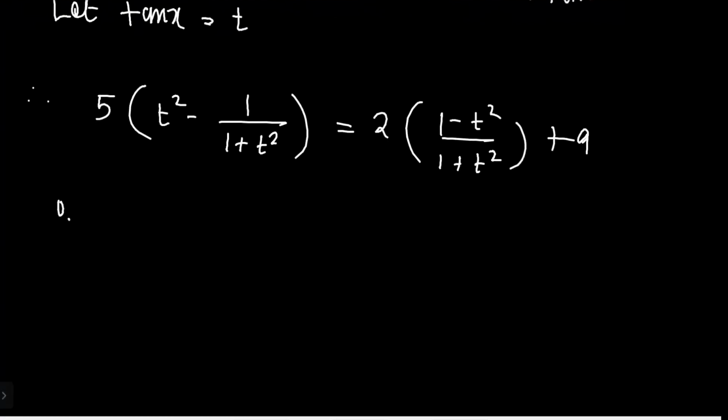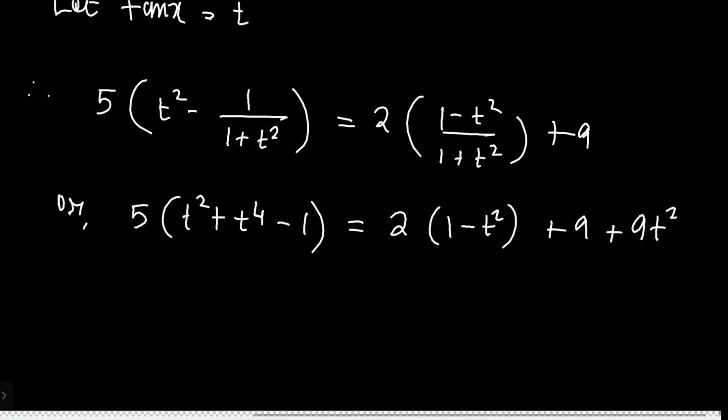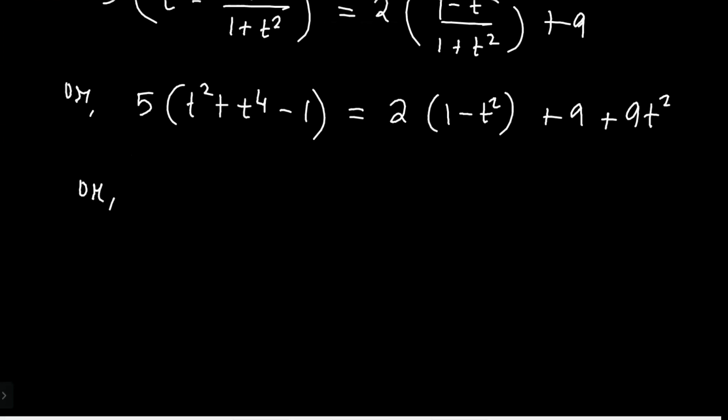Now if you solve this, it will be 5 into t square plus t to the power 4 minus 1 is equal to 2 into 1 minus t square plus 9 plus 9t square. Further simplifying, it will be 5t to the power 4 minus 2t square minus 16 is equal to 0.